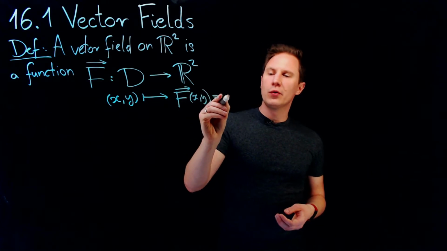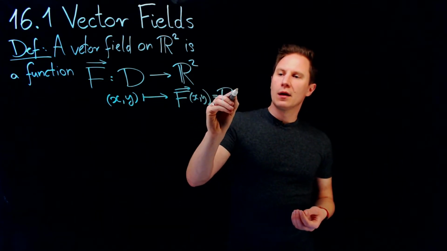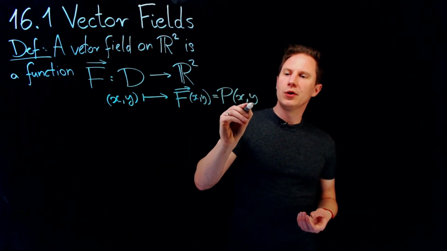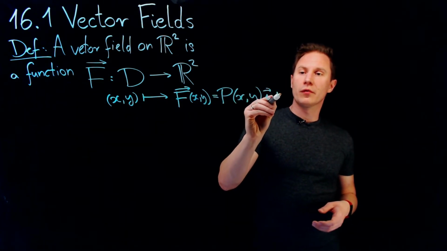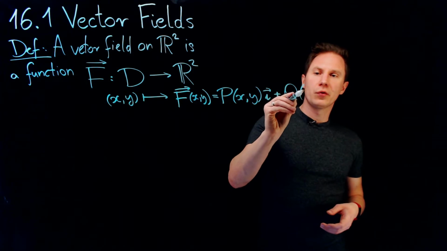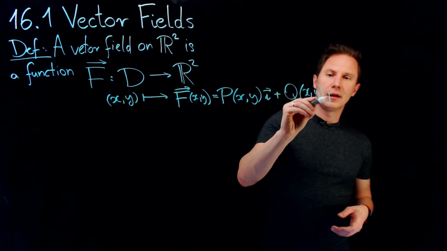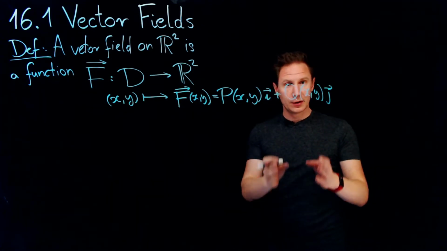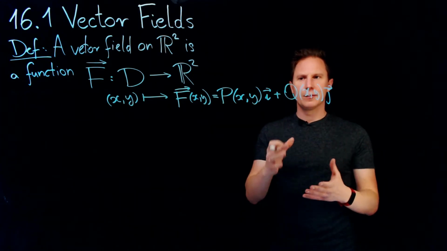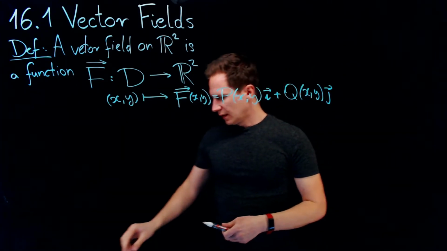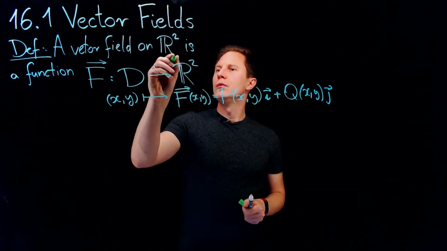It has 2 components, which I'll denote with capital P and capital Q. P depends on x and y, and it is the first component of our vector, and Q also can depend on x and y, and it's the second component of our vector, which is expressed in terms of the standard basis i, j. So this is a vector field on R2.